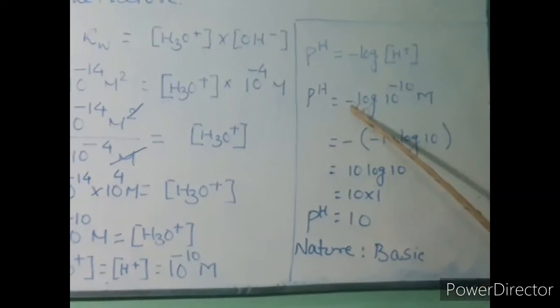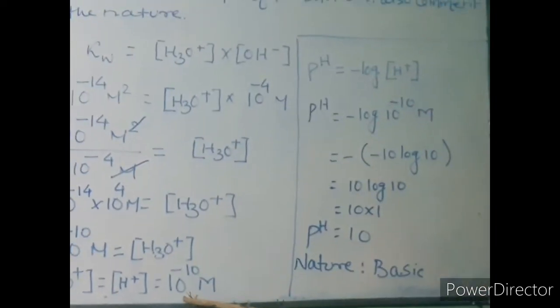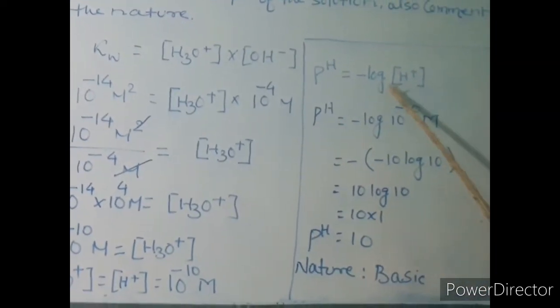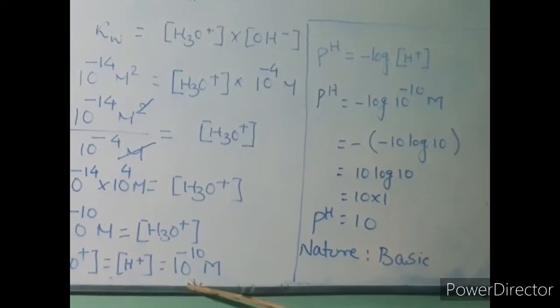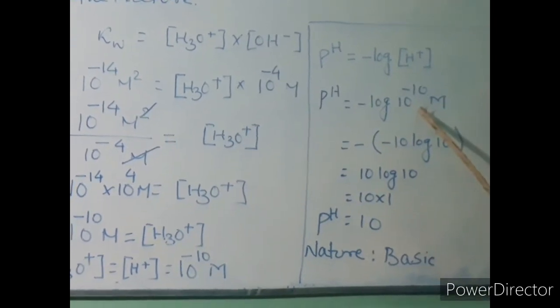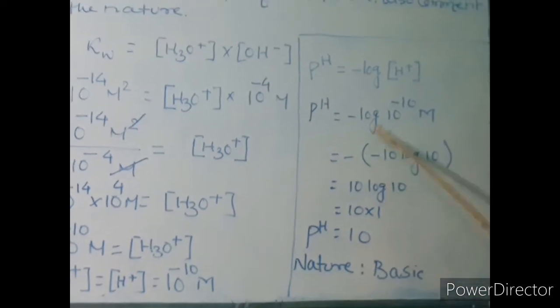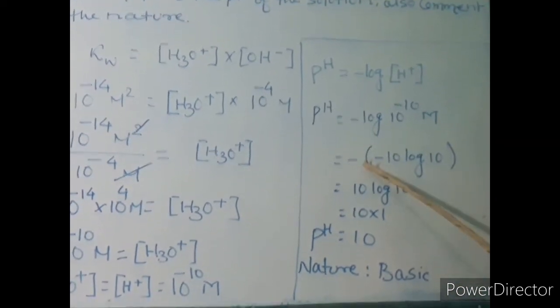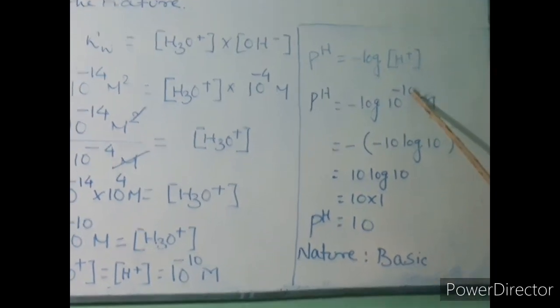Substituting the value 10 to the power minus 10 molarity, pH equals minus log 10 to the power minus 10.